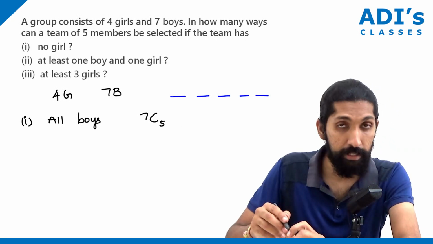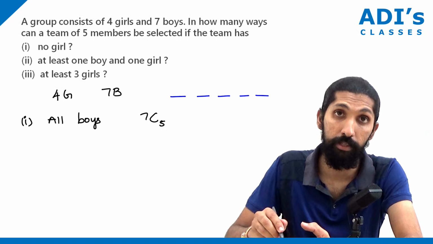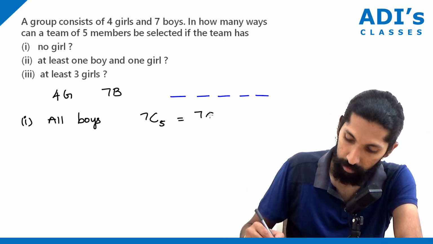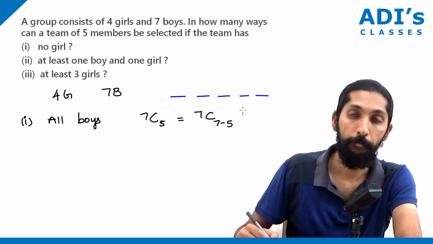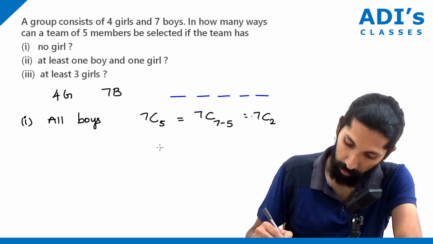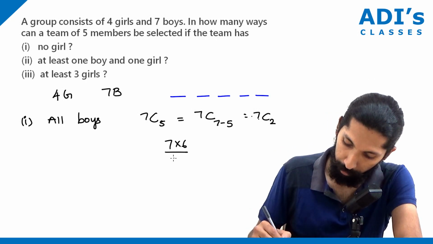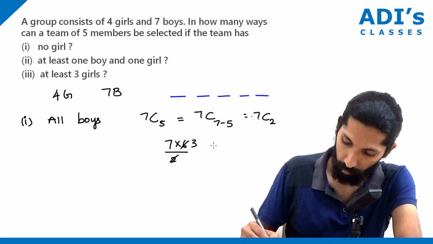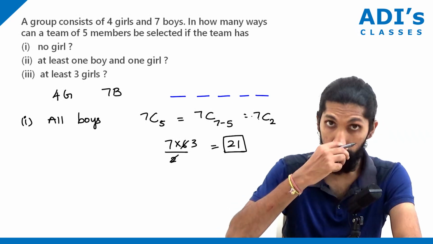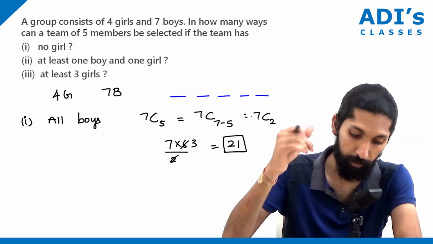If you remember, nCr is the same as nC(n minus r). So 7C5 is the same as 7C(7 minus 5), which is 7C2, which becomes 7 into 6 divided by 2. So 21 combinations. So the first one is going to be 21.